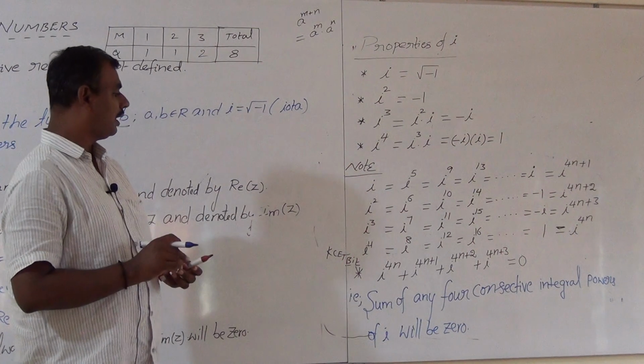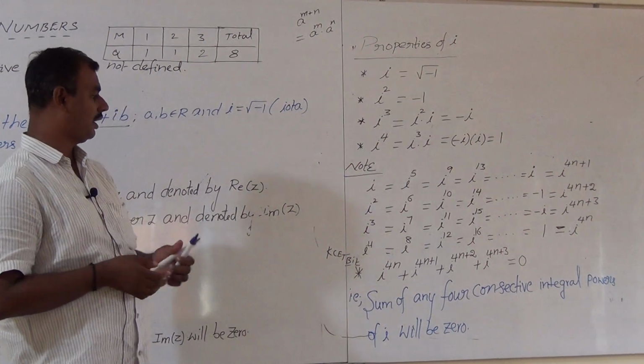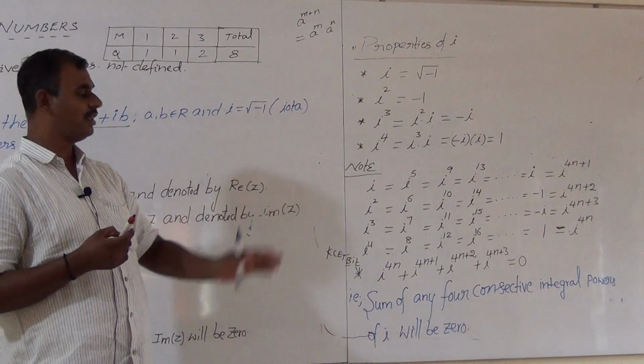Integers these are. Sum of any four consecutive integral powers of iota will be 0.